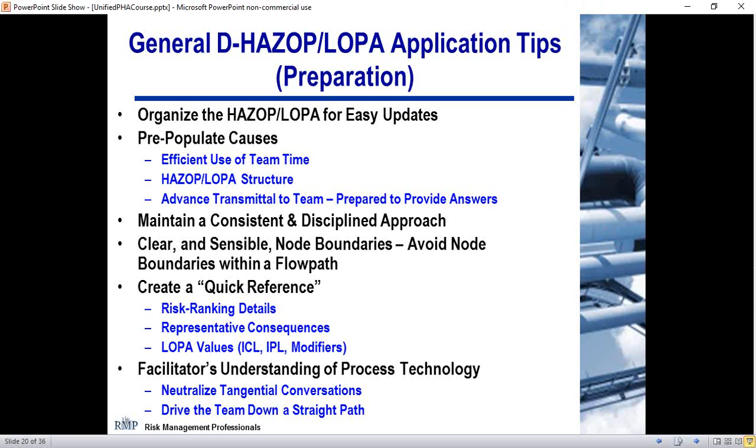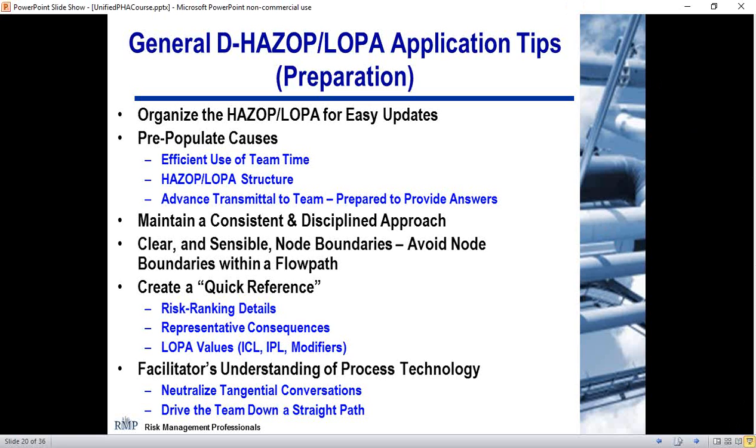They may have different perspectives, which in some cases are valuable. But if you let people get off track too much, it just bogs down the effort and you're defocused from your important mission, which is to identify potential weaknesses in the design. So, understanding the process allows you to identify and neutralize tangential conversations a lot easier. Again, preparation is very important.